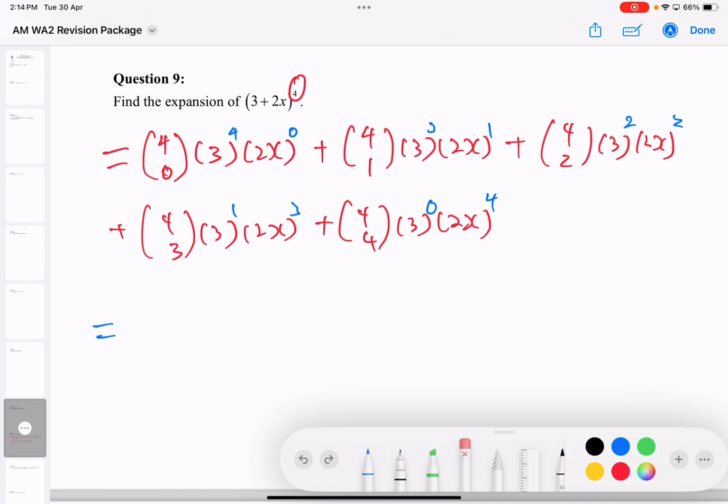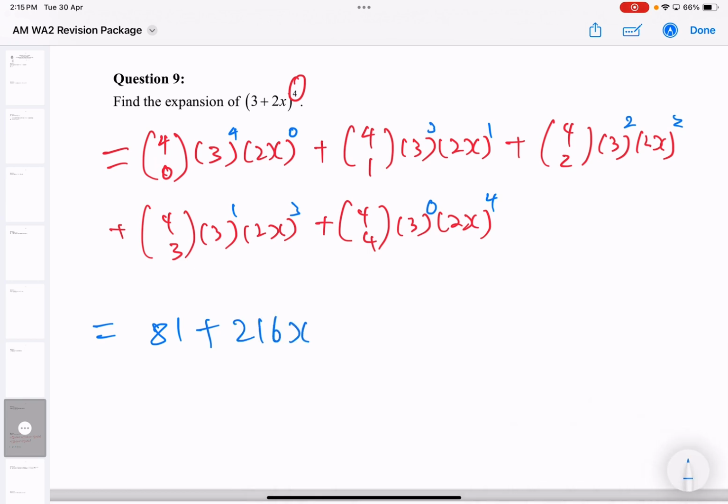3 to the power of 4 is 81, so you write down 81. Anything to the power of 0 is just 1. 4 choose 1 is 4, 4 times 3 to the power of 3 times 2, so you get 216x.